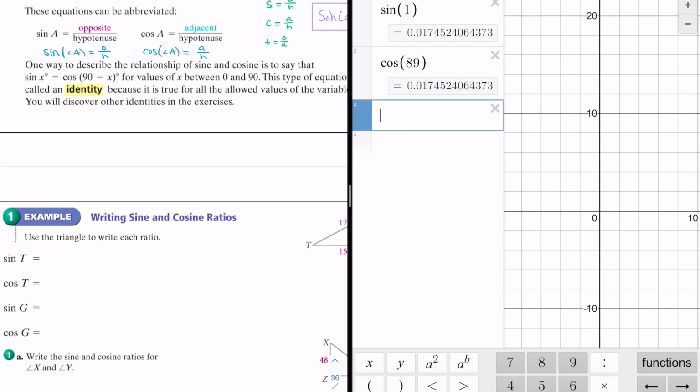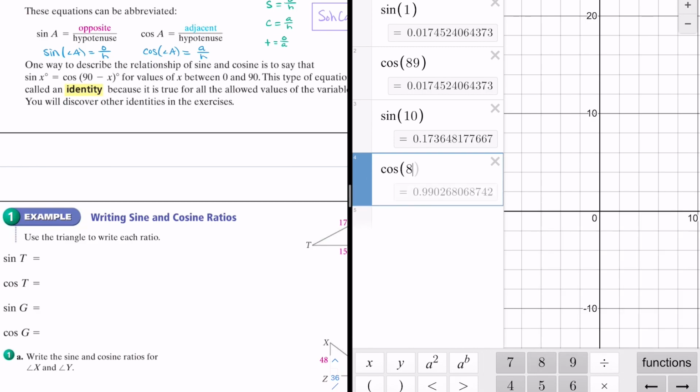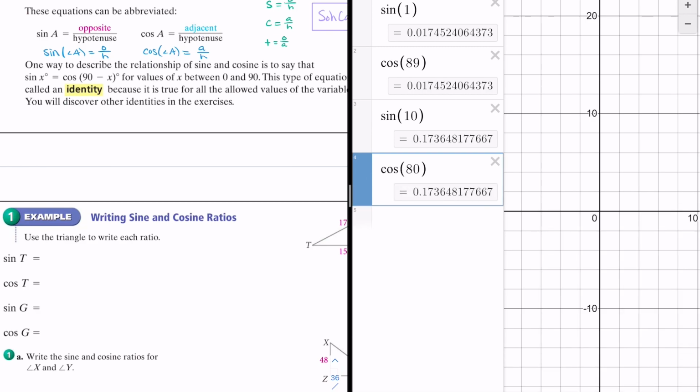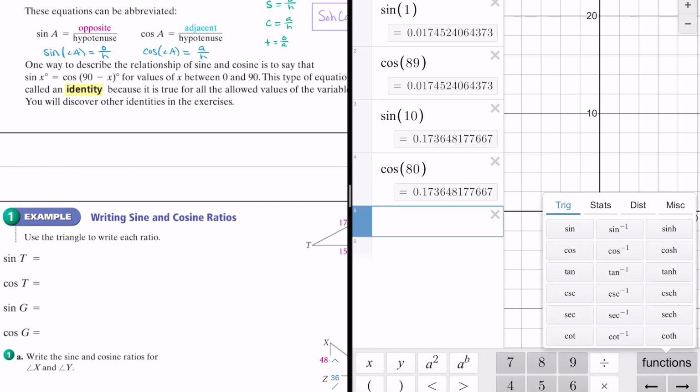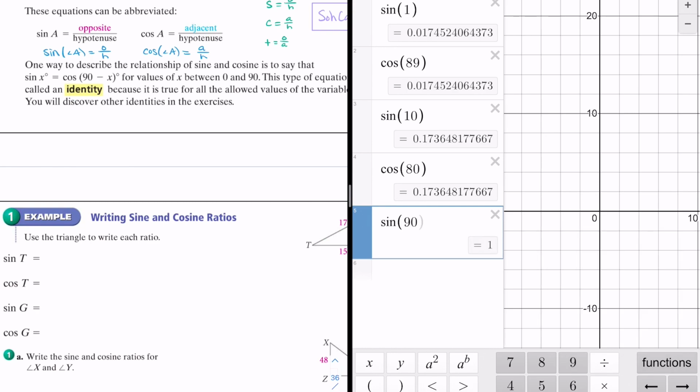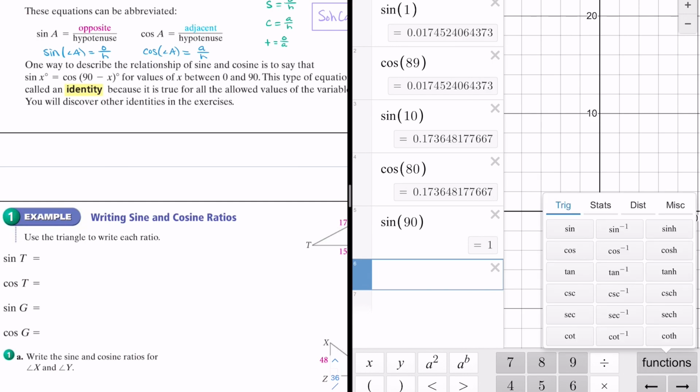We can also do the sine of 10, as long as they add up to 90, right? So cosine of 80 is equivalent. Okay, how about sine of 90 degrees, and cosine of 0, because 90 minus 90 is 0.